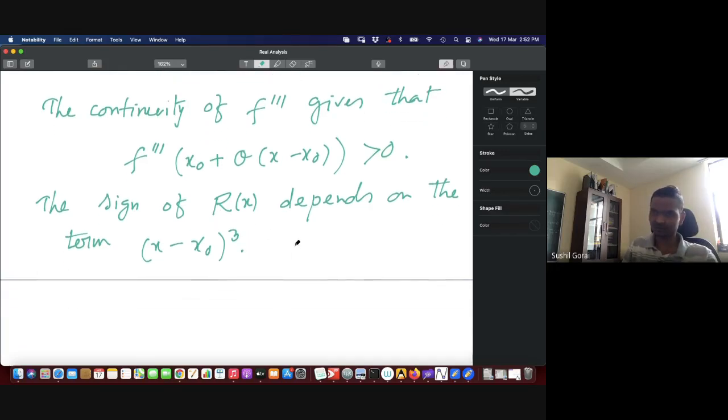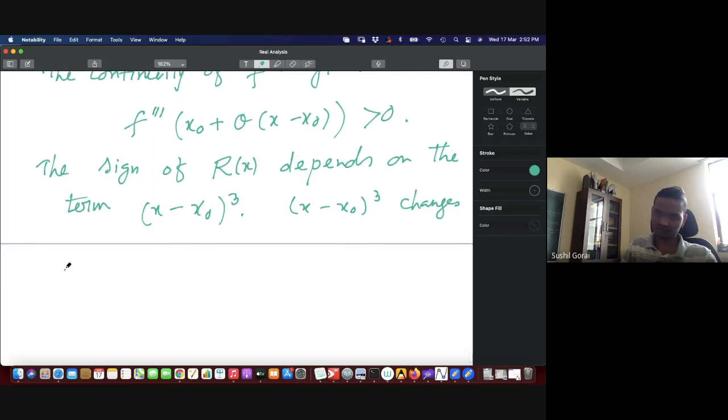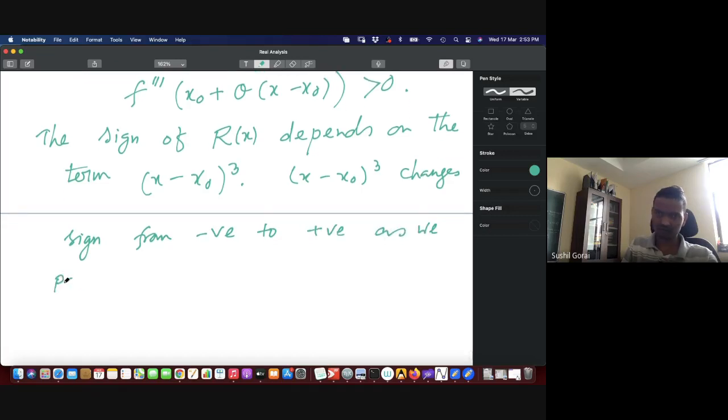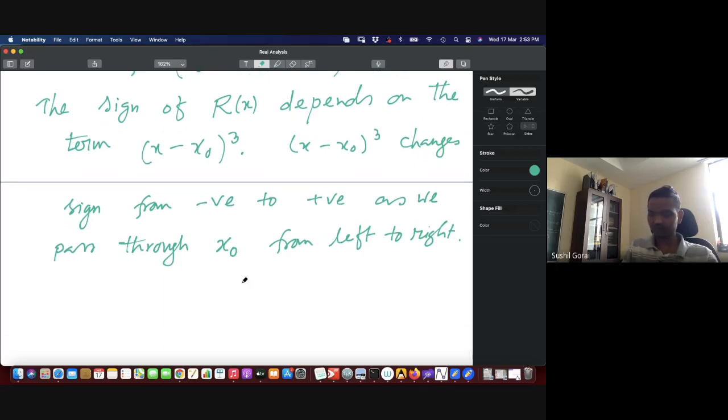Now this function, (x minus x naught) cubed, changes sign from negative to positive as we pass through x naught from left to right. Right?